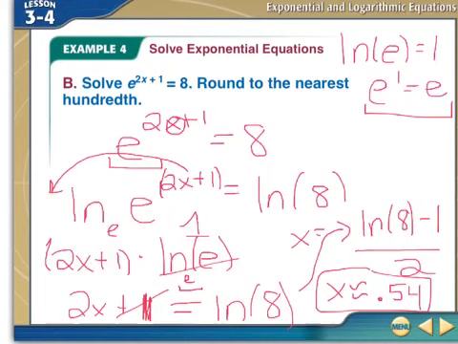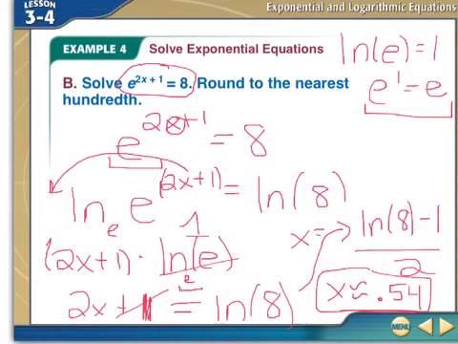Now, on my calculator here, I can go back in and substitute 0.54 for x. So if I took e, which is on my calculator second and natural log, that's how you get the e on your calculator, and raise e to the 2 times 0.54 plus 1, that gives me 8.004468914, which is approximately 8.